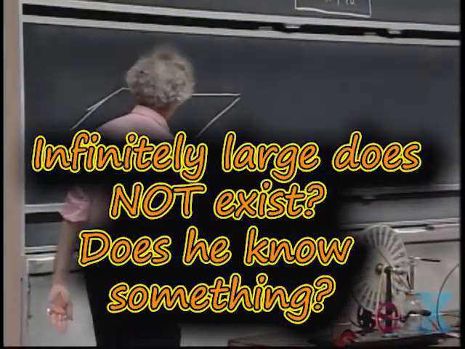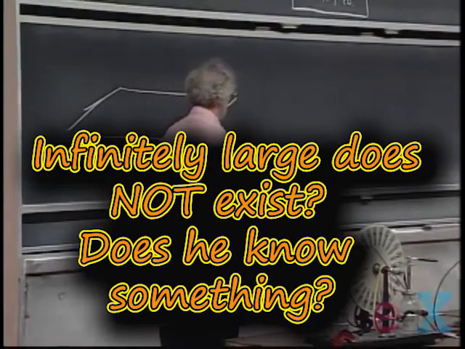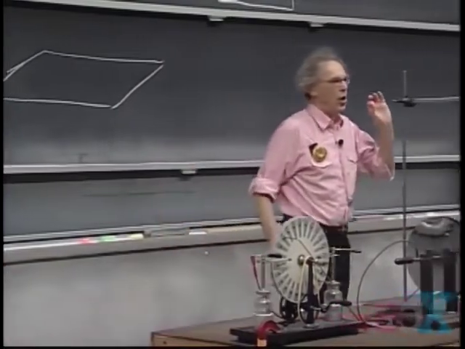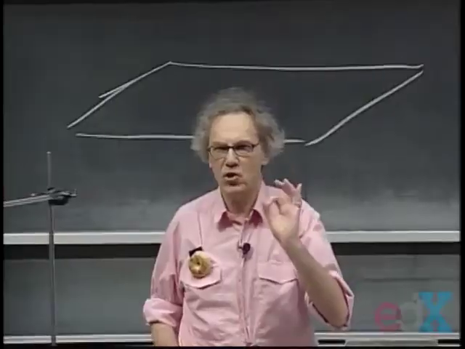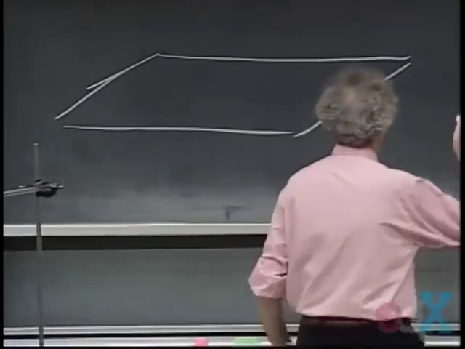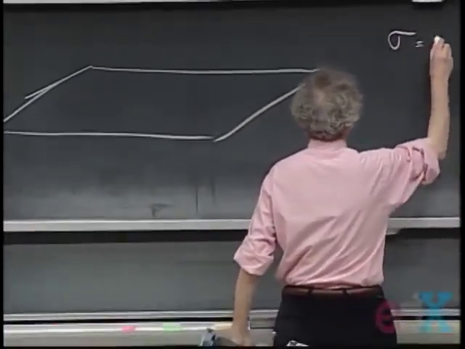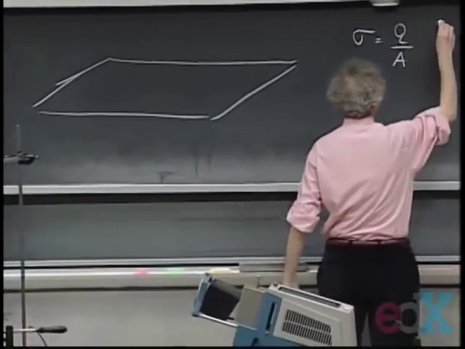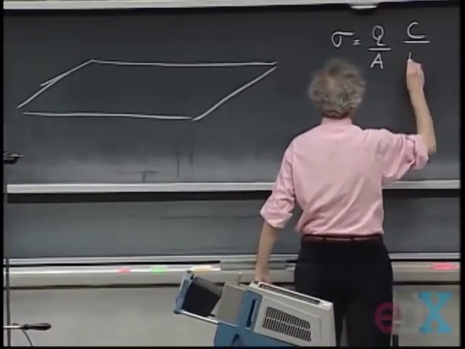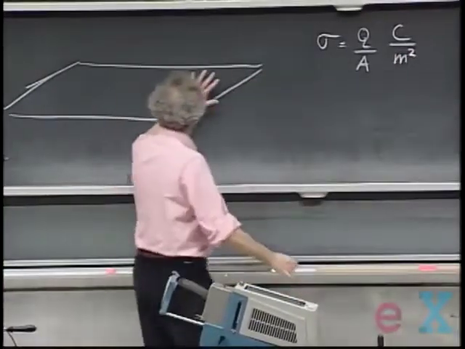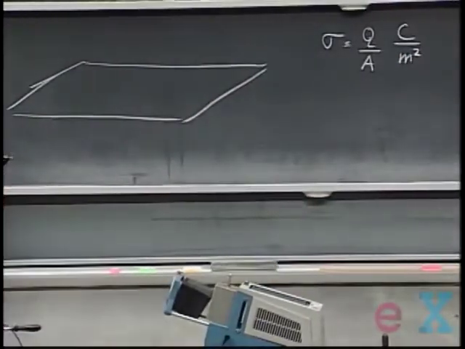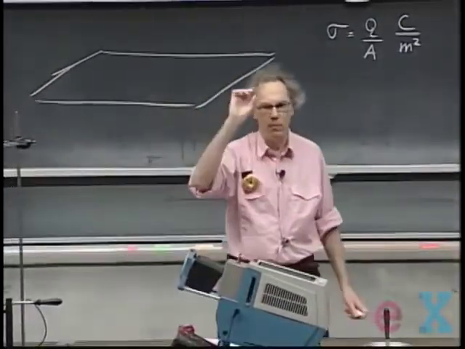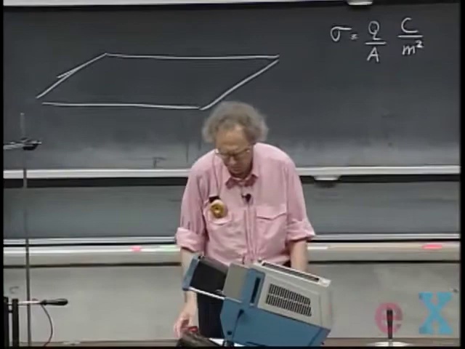And I put on this plane charge, a certain amount of charge density, which I call sigma. Sigma is an amount of charge Q per area A. So it is a certain number of coulombs per square meter. And it's uniformly distributed, so the whole plane everywhere has the same number of coulombs per square meter, or microcoulombs, or nanocoulombs, whatever you prefer.